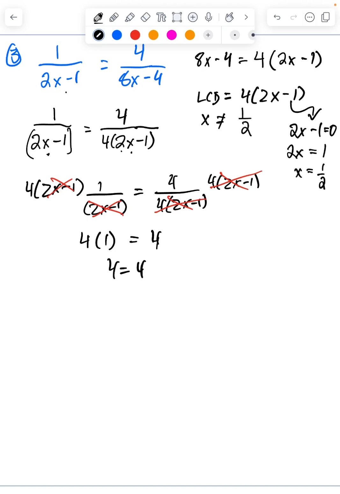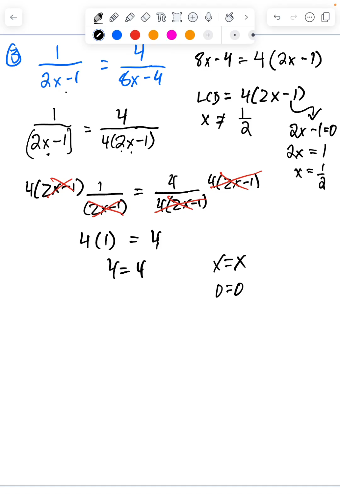When you see two numbers equal to each other, like 4 equals 4, or in another problem something like x equals x, or 0 equals 0, what does that mean?